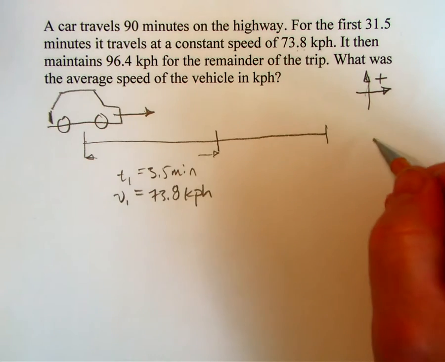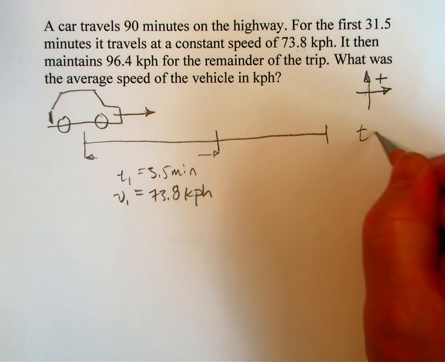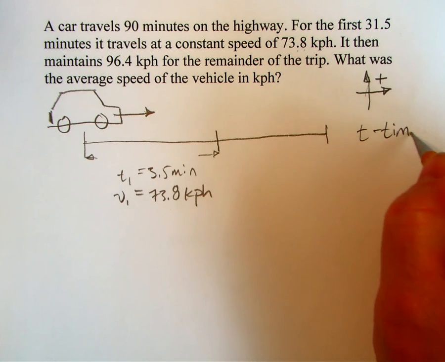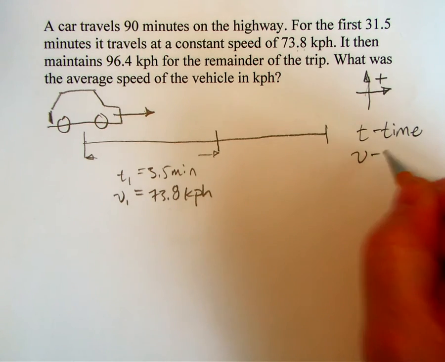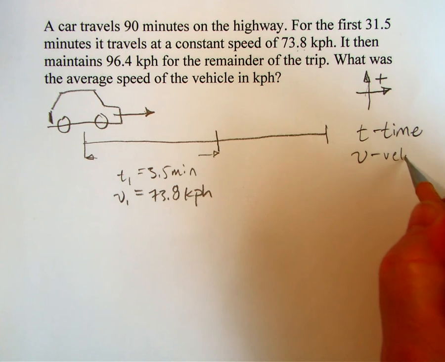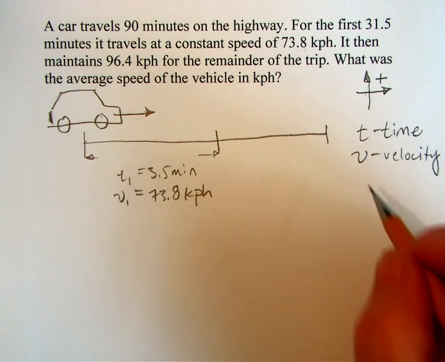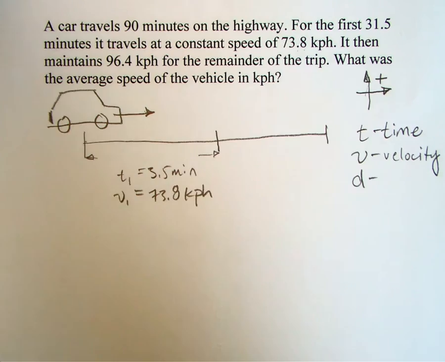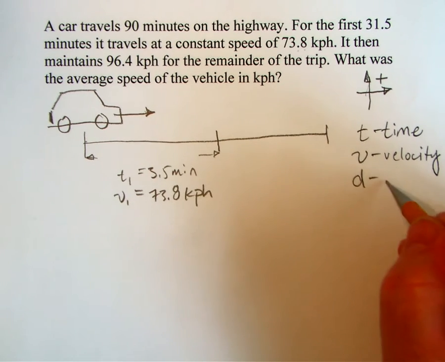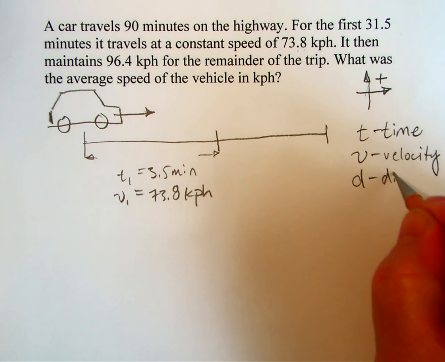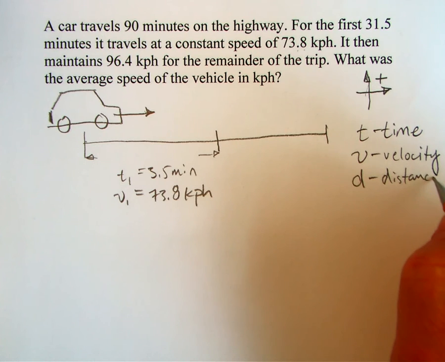Okay. So obviously we should come over here and start delineating some of our variables and what they mean. Velocity. We know we're going to need a displacement or a distance. I'm going to call it a distance.